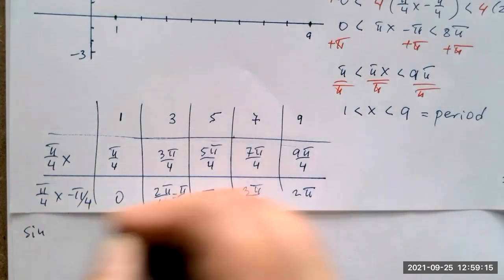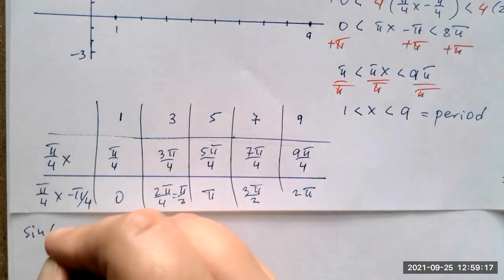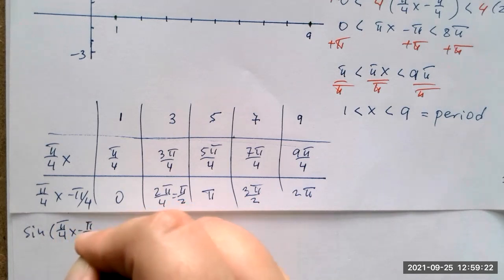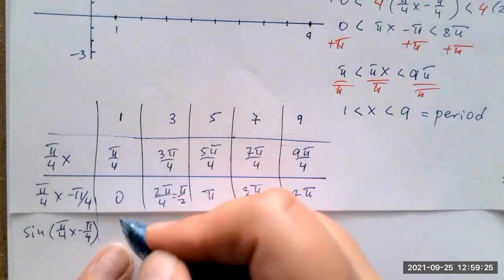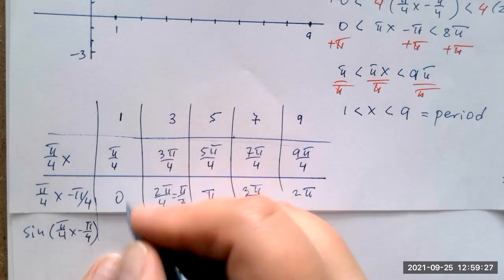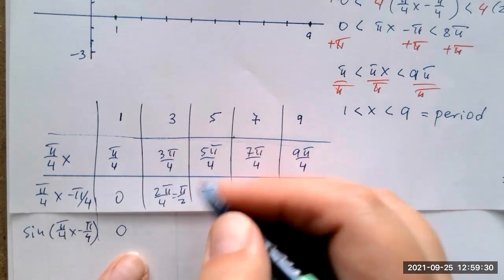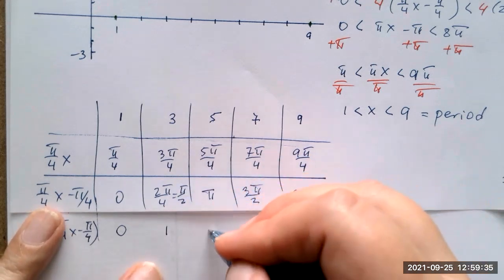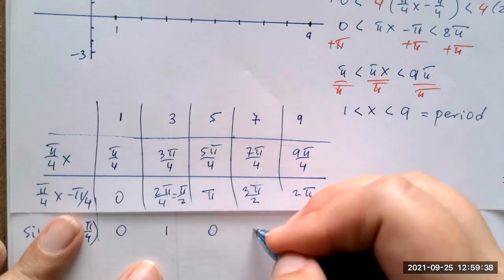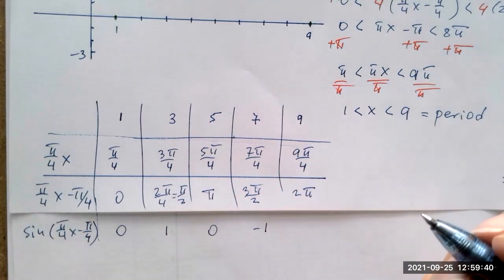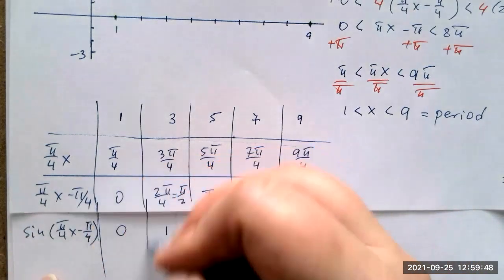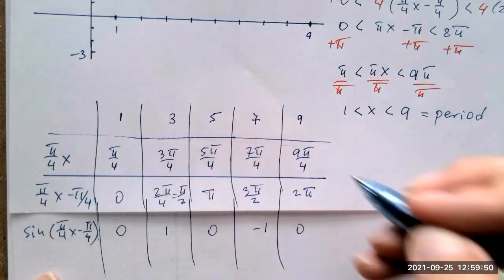So sine of pi over 4x minus pi over 4. What's sine of 0? I hope you all know that it's 0. At pi over 2 is 1, pi is 0, 3 pi over 2 is negative 1, and 2 pi is 0 again. Okay, so those are our sine values.